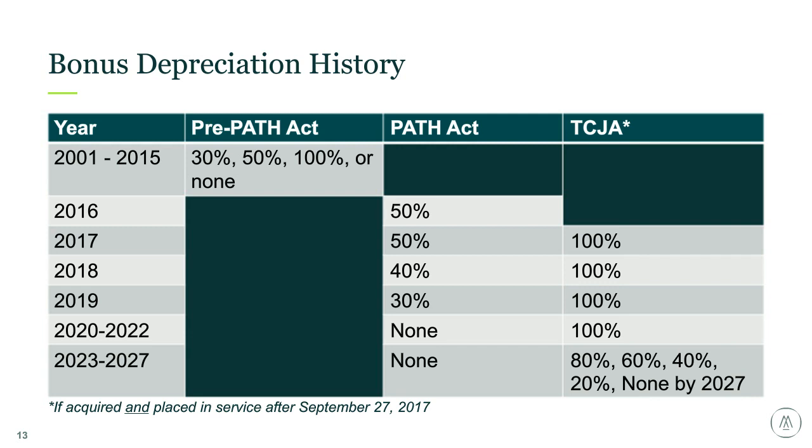Basically, with bonus depreciation, assets that have tax depreciation lives of 20 years or less from a general depreciation system perspective are eligible for 100% bonus depreciation. The PATH Act brought changes that would have made bonus depreciation 50% in 2016 and 2017, and then it was going to be phased down slightly for 2 years and completely phased out by 2020.